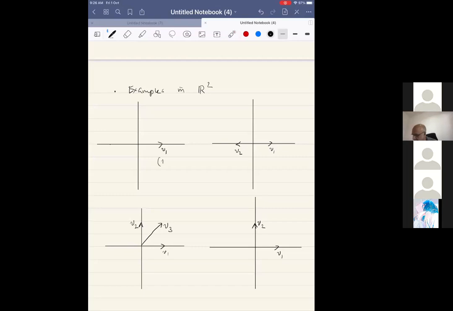This is the vector (1, 0). This is the vector (1, 0). This is the vector (-1, 0). This is the vector (1, 0). This is the vector (0, 1), (1, 0), (0, 1), and (1, 1).